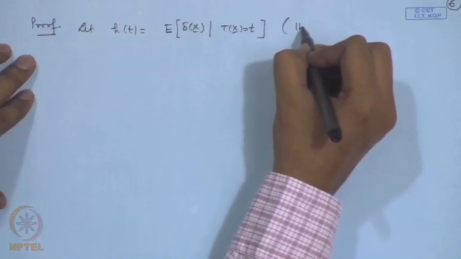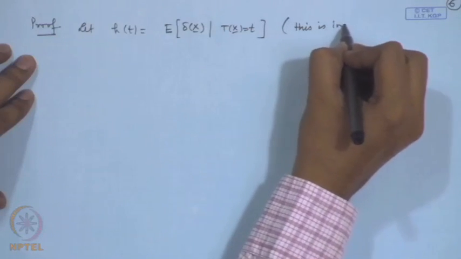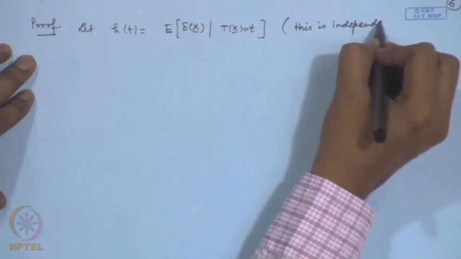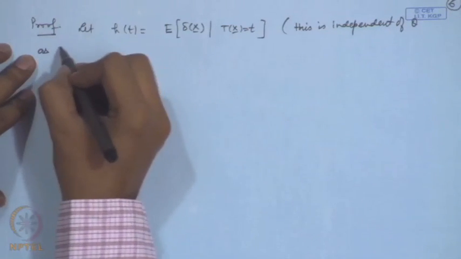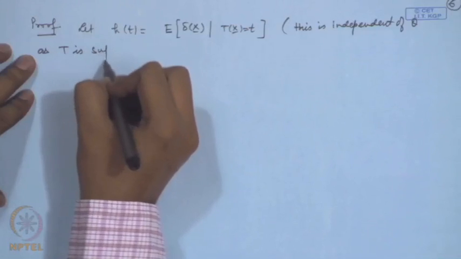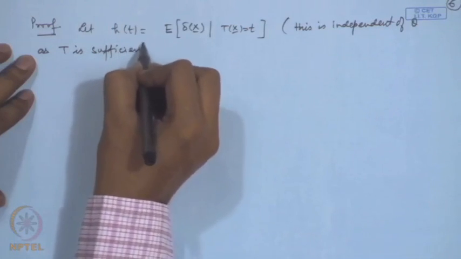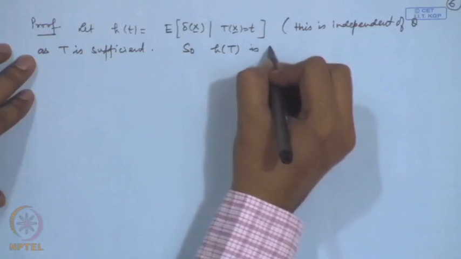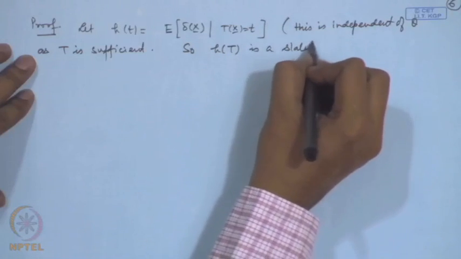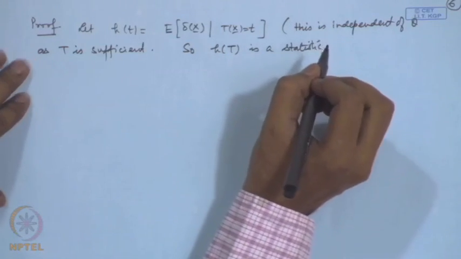This is independent of theta as T is sufficient. So, h(T) is a statistic, and I can consider it for my estimation purpose.